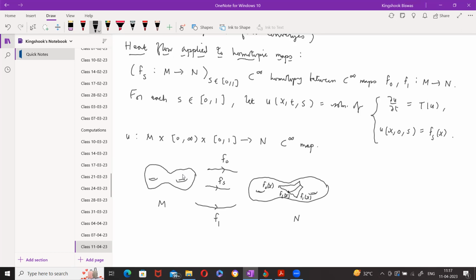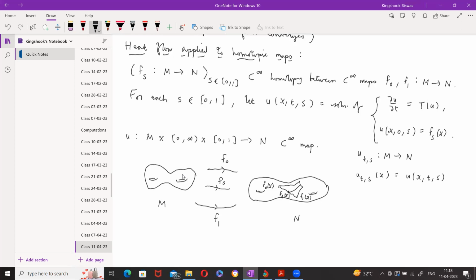And so if I look at, say, U sub t, s of x, this is a map from M to N, right? This is U sub t, s of x, which is U of x, t, s.